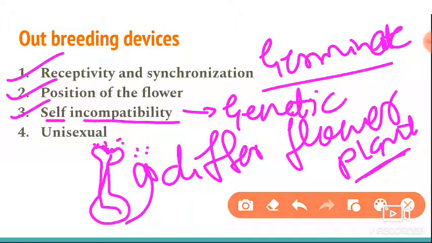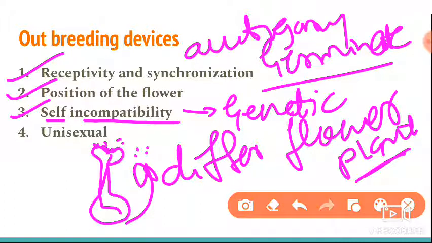It's a genetic method in which pollen grain germination is inhibited. The stigma can inhibit pollen germination or pollen tube growth with the help of some chemicals. This genetic method can prevent both autogamy and geitonogamy.